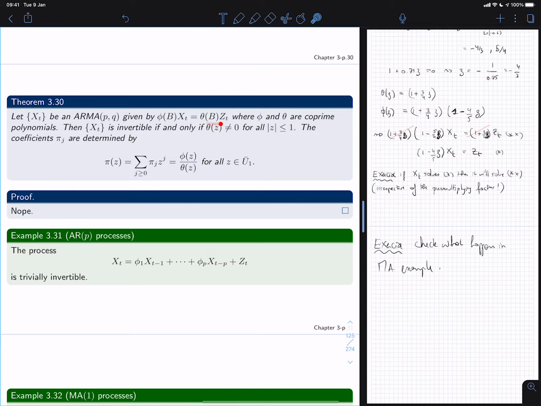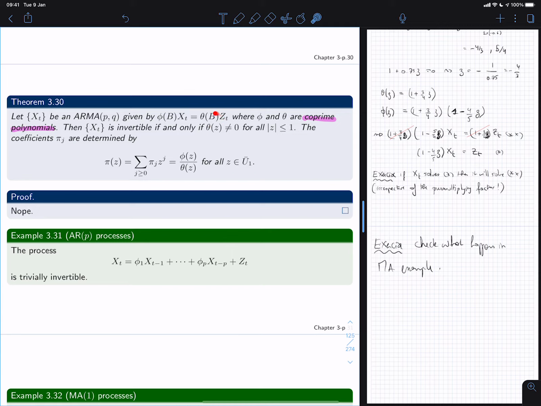In order to be able to invert, you simply have to have this one and this one have no common roots. I use this chic expression that they are co-prime. And in order for the relationship to be invertible, simply you have to be allowed to move the theta here to this side. And if you're allowed to do this, then you're in business to express Zt in terms of the Xts.